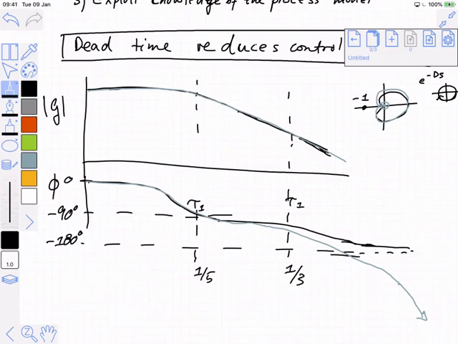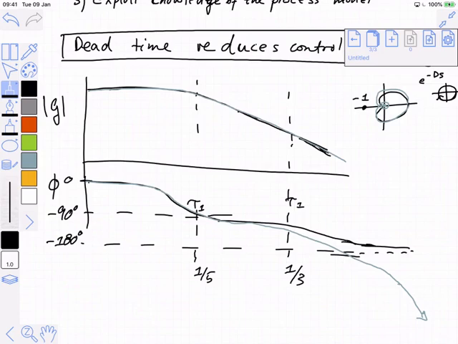But you can see that a measuring instrument that has significant dynamics does the same thing, right? If I have a measuring instrument with a second order or third order system, that will contribute to phase lag as well. So if I had a second order system in real life and I measured that with a first order measuring instrument, now I have a third order system, and again I'm back to limits being imposed on the gain that I can use.